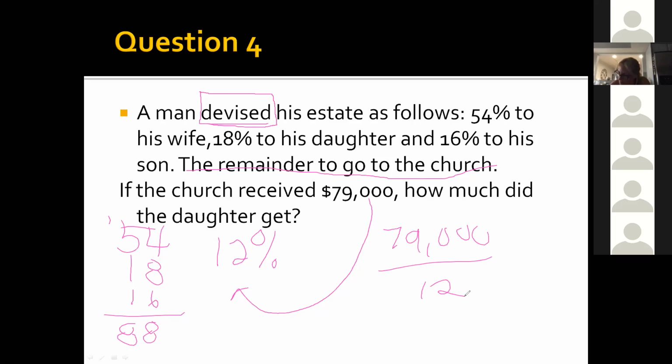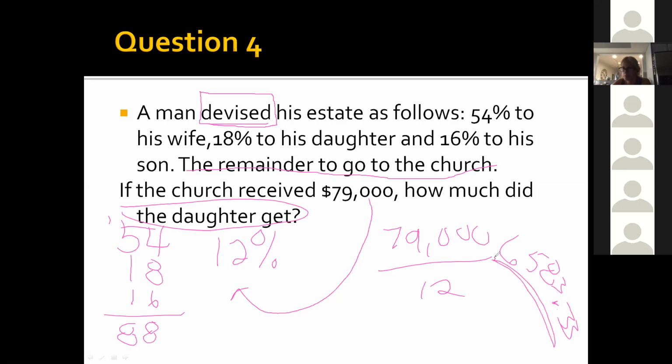So let's take 79,000 and divide it by 12. And that's going to give us $6,583.33. And we want to know how much money the daughter got. Well, this is 1%, 6,583.33.